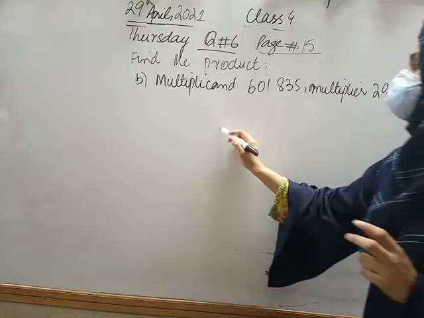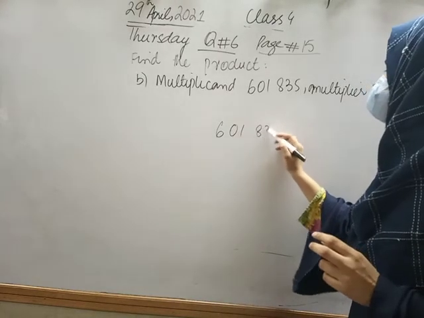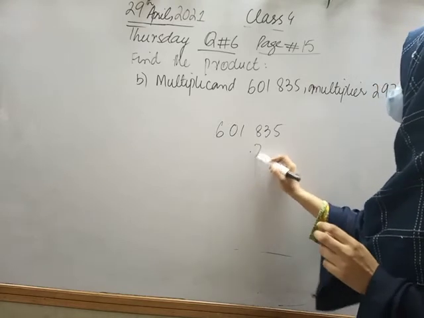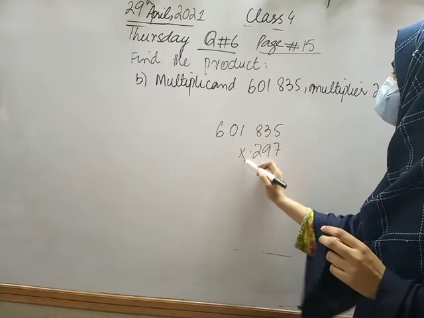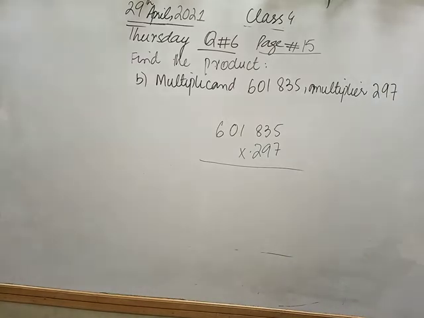I will write 601835 and 297. Now I will multiply a 6 digit by a 3 digit number.